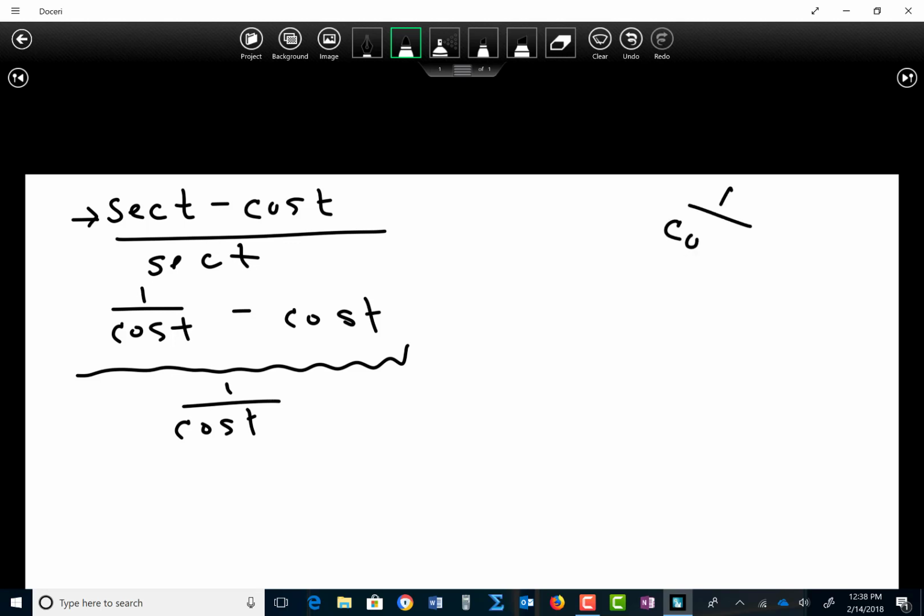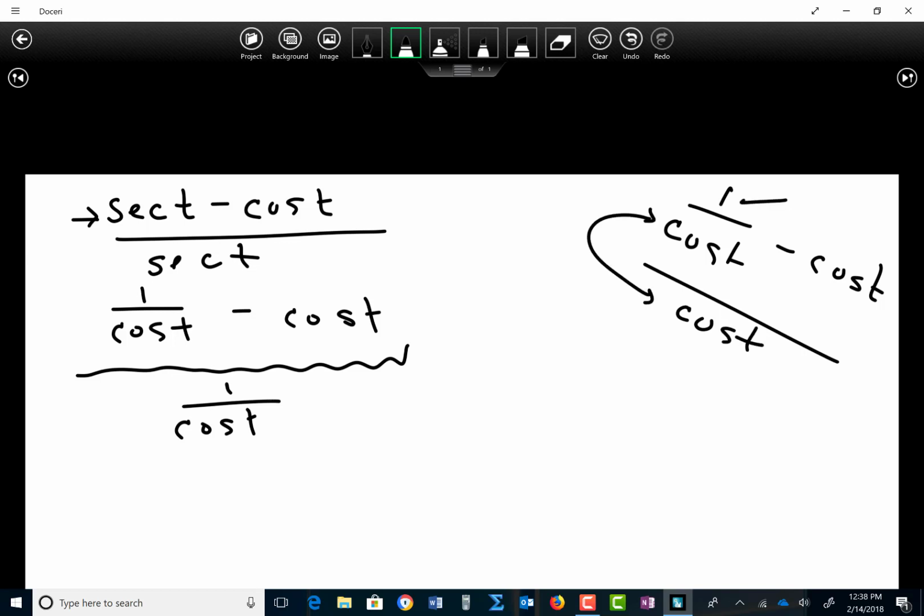So 1 over cosine minus cosine. I need a common denominator, which is cosine. Cosine goes into itself once, and 1 times 1 is 1. 1 goes into cosine, cosine times, and cosine times cosine is cosine squared. So 1 minus cosine squared over cosine is the top of this fraction.